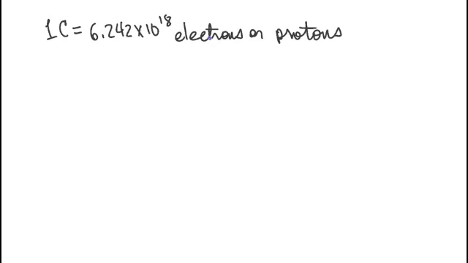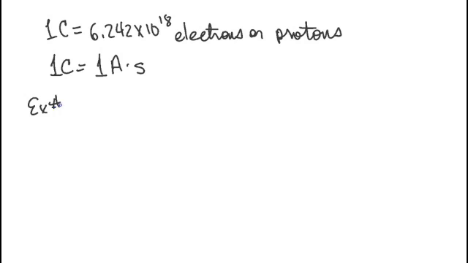Remember, the magnitude of the charge on an electron is equal to the magnitude of the charge on a proton. They happen to be opposite in sign. Also, 1 coulomb is the amount of charge that flows when 1 amp flows for 1 second, or 1 amp-second. Let's do a quick example here.